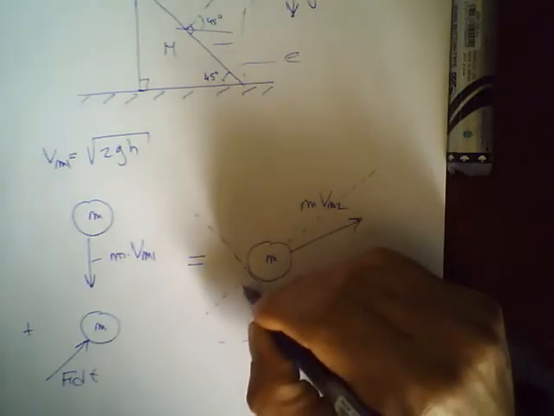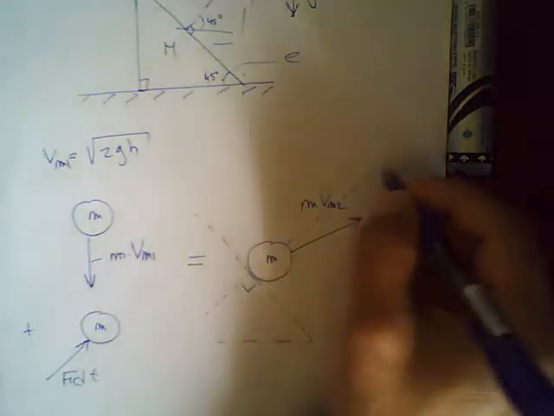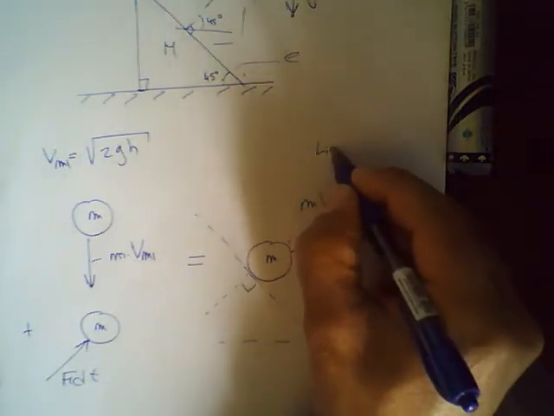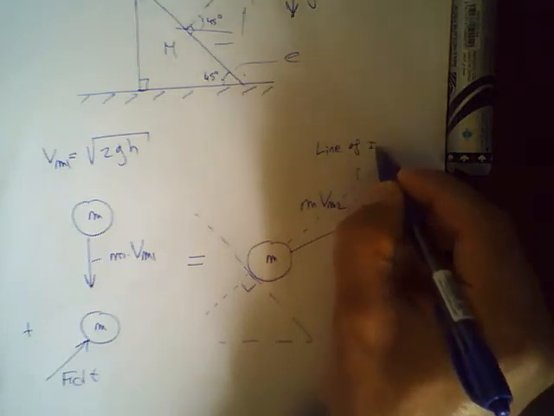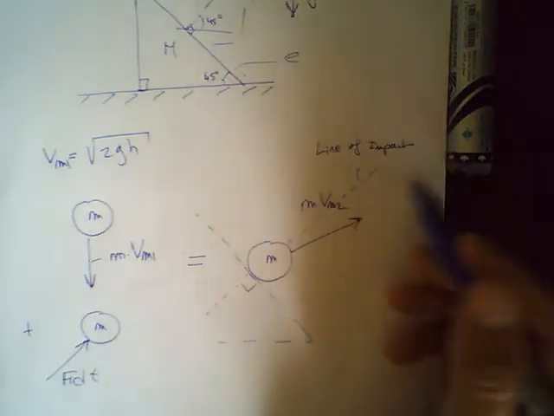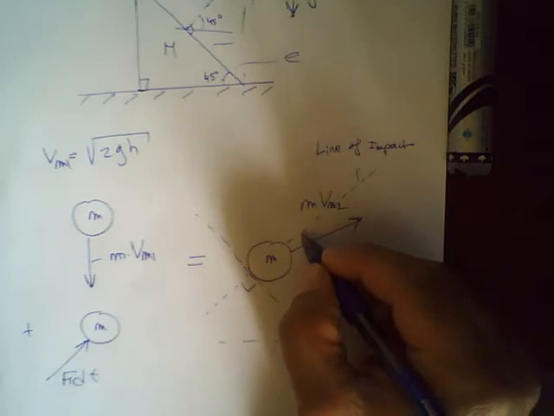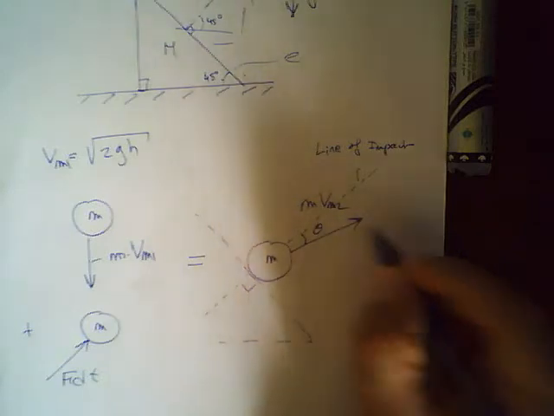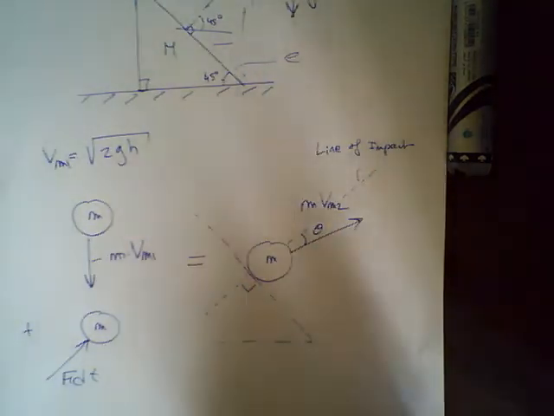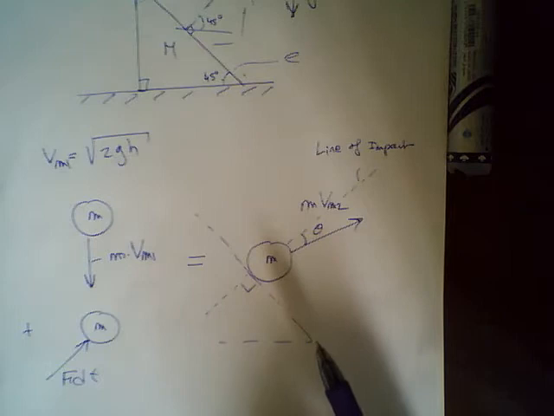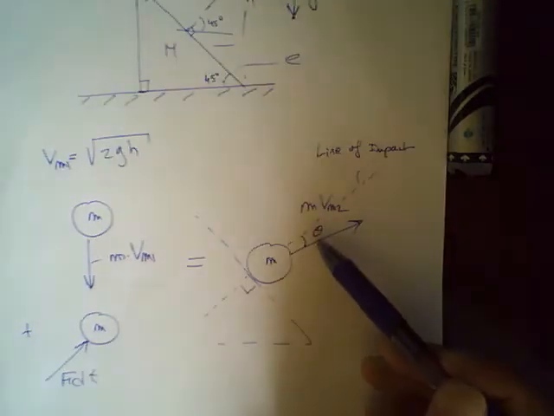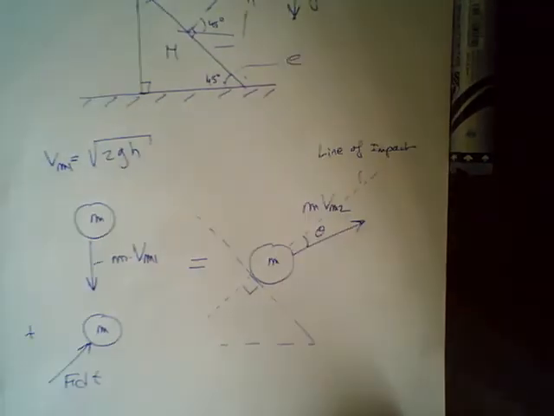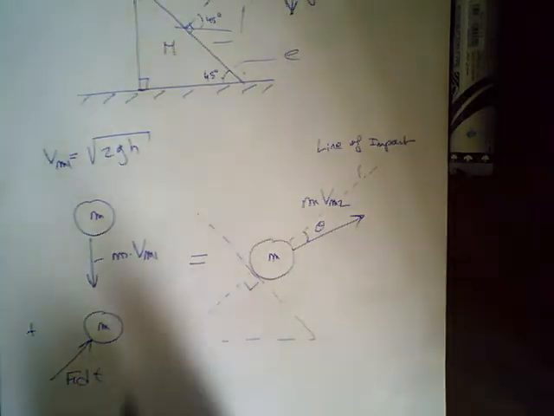So this is our line of impact, or line of action, and let us call this angle theta. Theta is the rebound angle with respect to the line of impact. Remember, you always want to do it with respect to the line of impact.